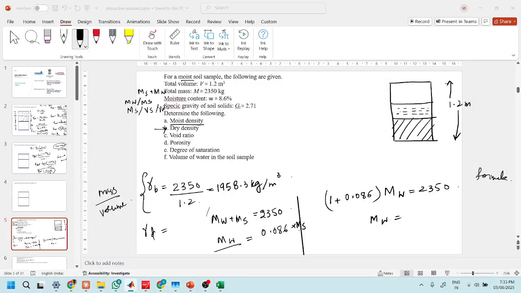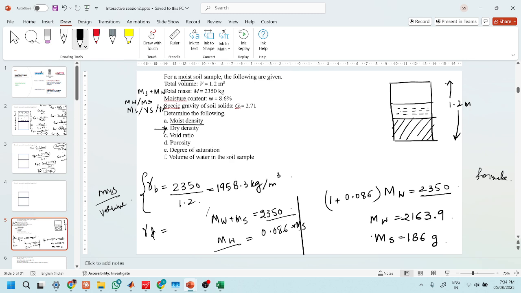2163. Mass of solids is 2163.9, and the mass of water will be total mass minus that, 186.